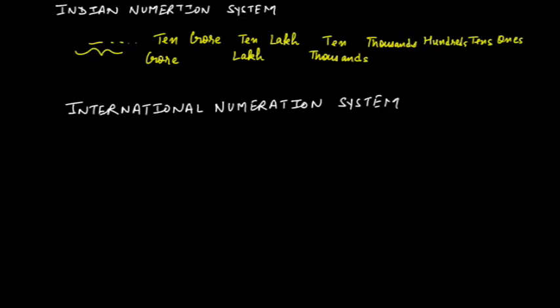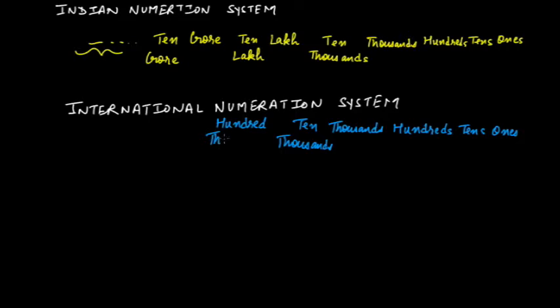We have ones, then tens, then hundreds, then thousands, then 10,000s, then 100,000s, then 1 million, then 10 million, then 100 million.